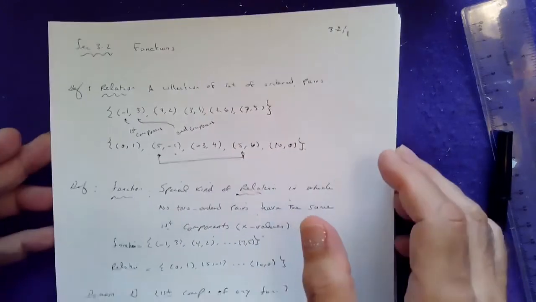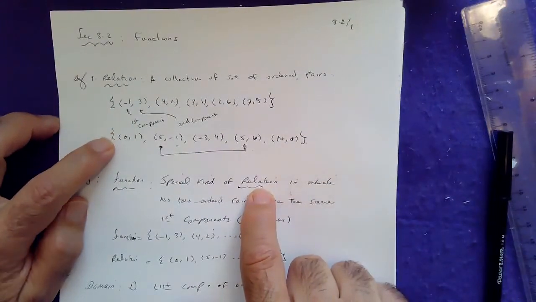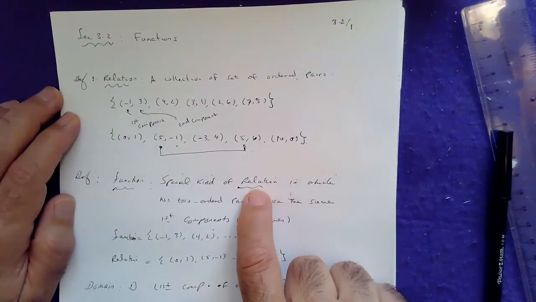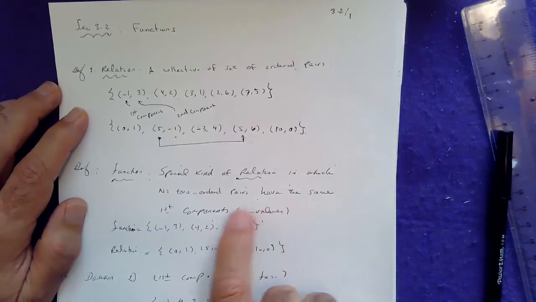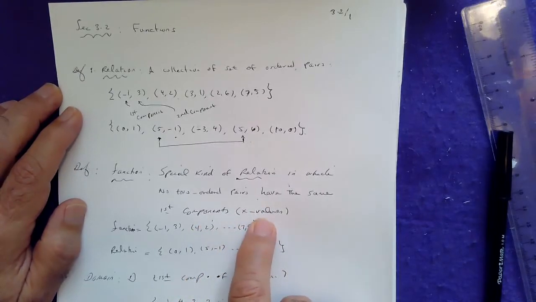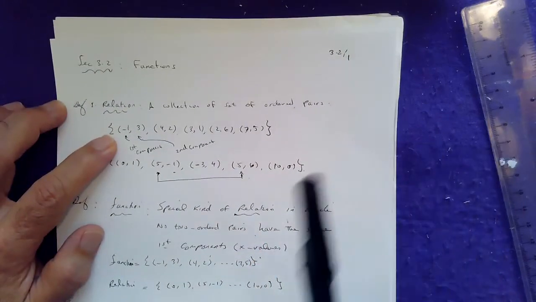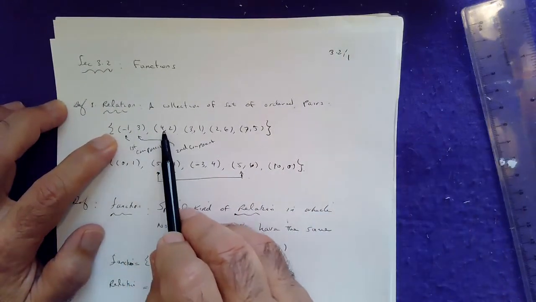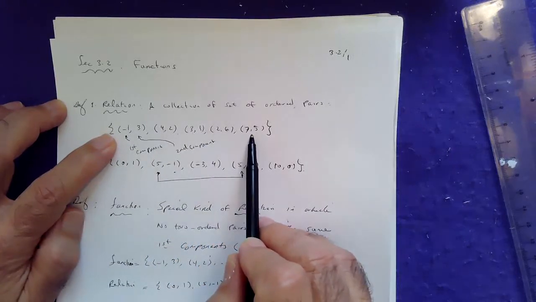However, a function is a special kind of relation. It is still a collection of ordered pairs, but you can't have just any old ordered pairs in the collection. No two ordered pairs can have the same first components, which means the x values. If you look at the first relation, none of these ordered pairs have the same x value.